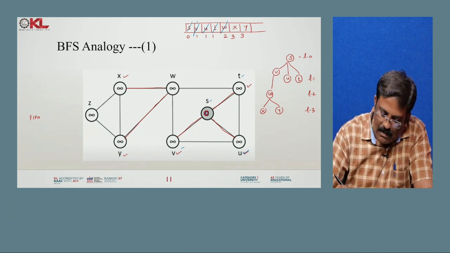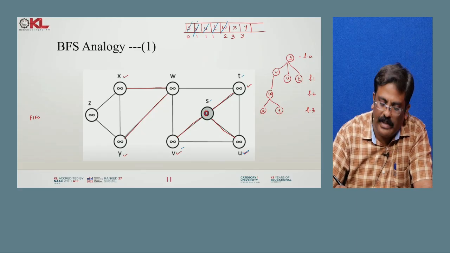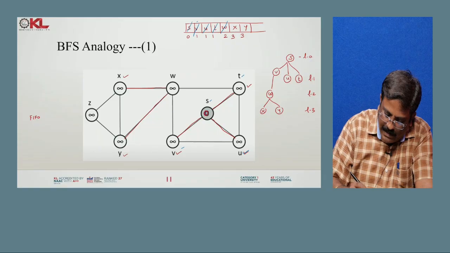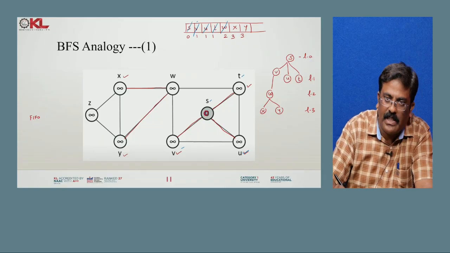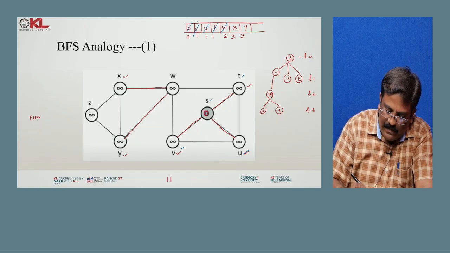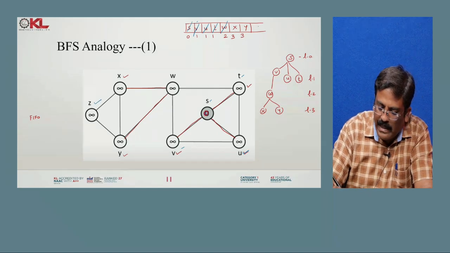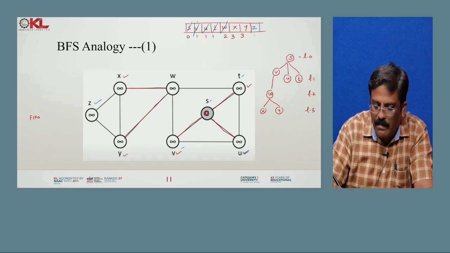Now from X, where can we visit? Now we can check. From X we can visit W, it is already visited. From X we can visit Y, it is already visited. And from X what we can visit is Z. So for X, the next level adjacency is nothing but Z. We can say that Z is level 4.